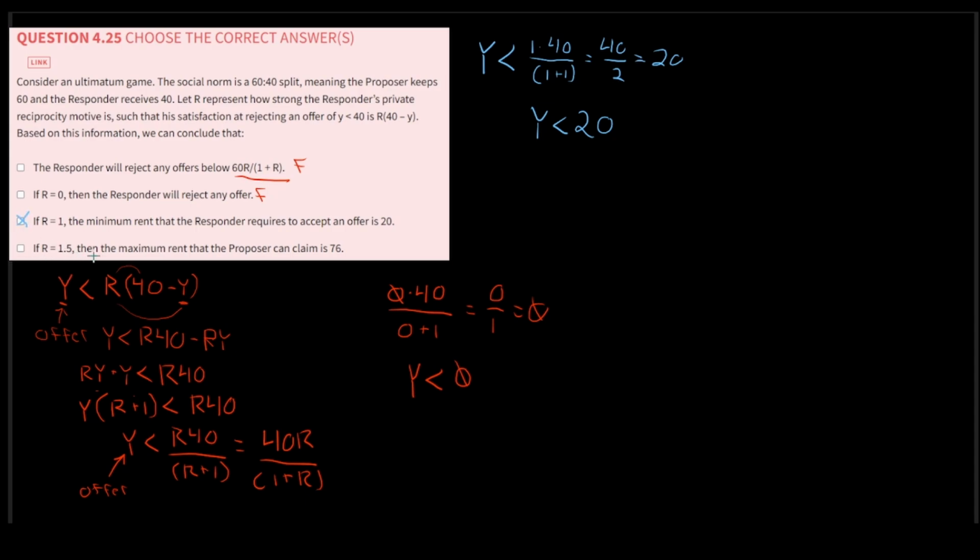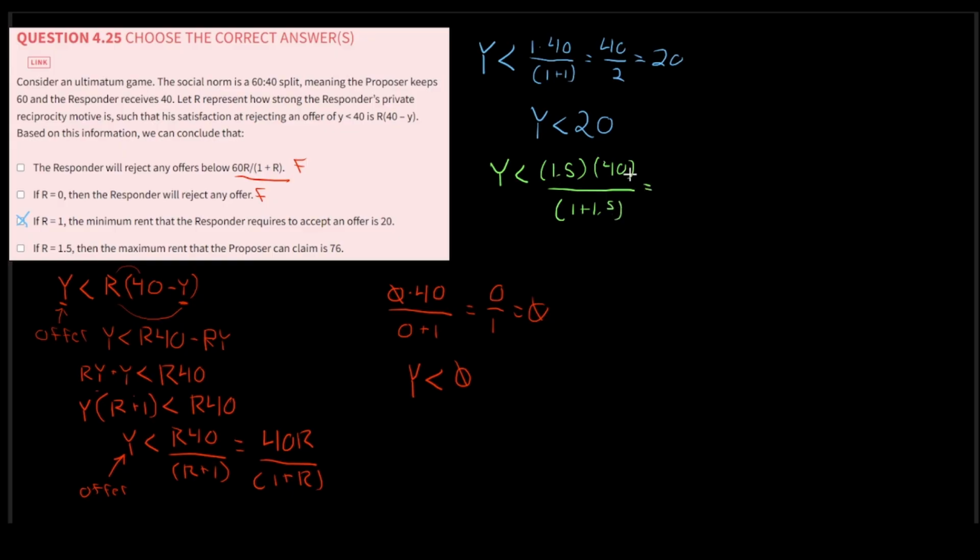If R is 1.5, then the maximum rent that the proposer can claim is 76. Well, okay, let's work that guy out. So y of R of 1.5 times 40 all over 1 plus R. So 1 plus 1.5.